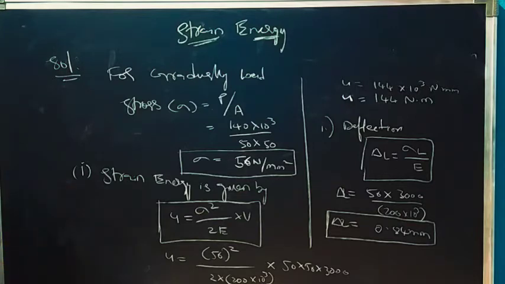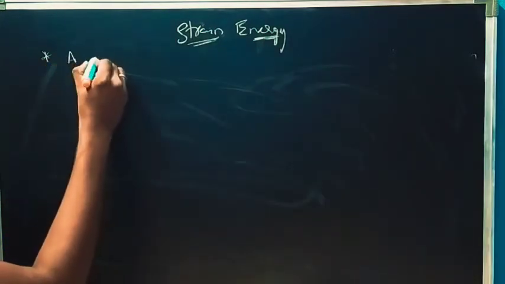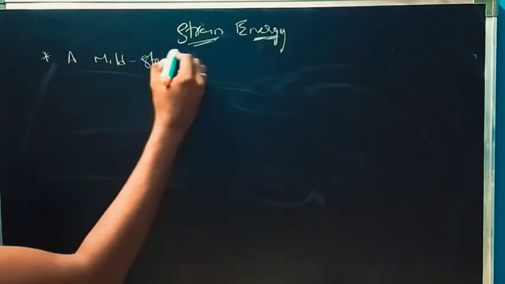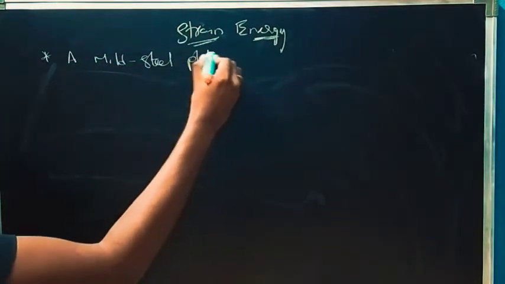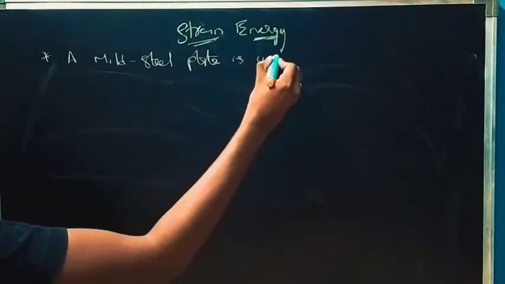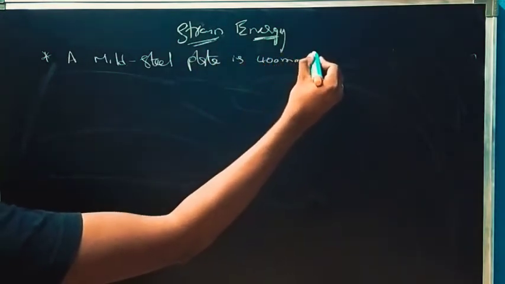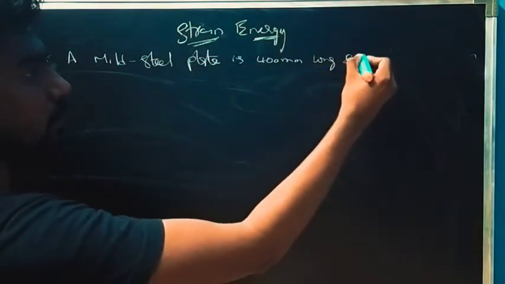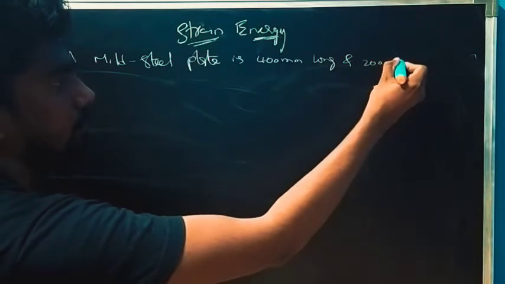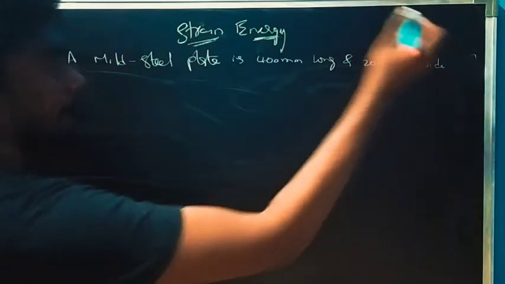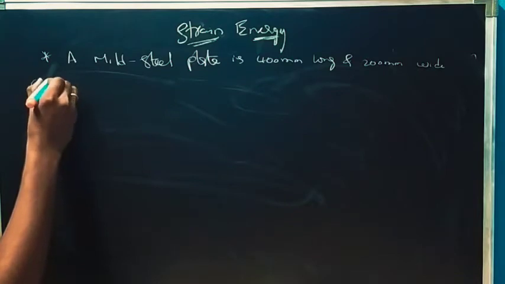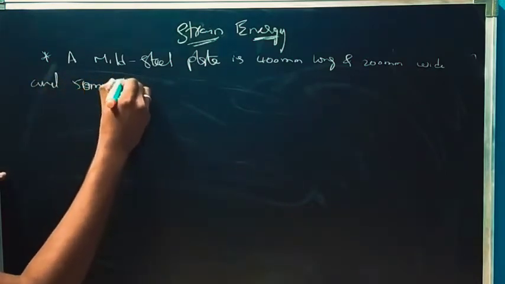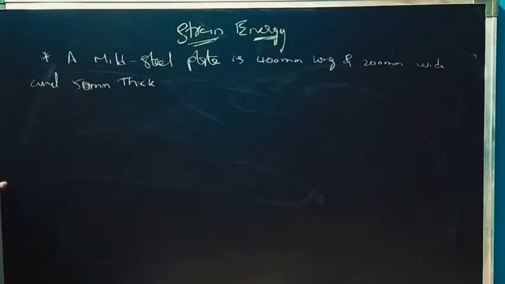We'll see another problem. A mild steel plate is 400 mm long and 200 mm wide and 50 mm thick.